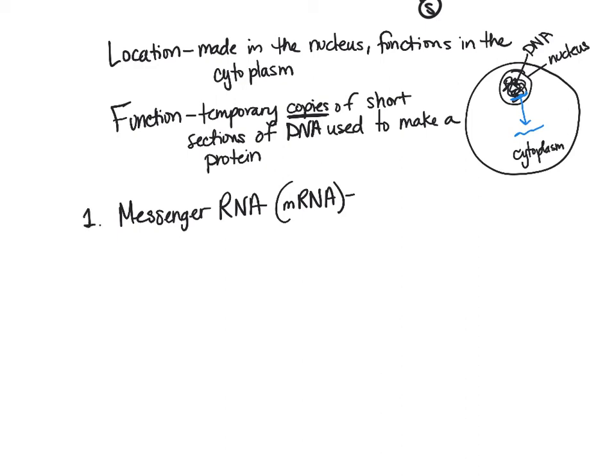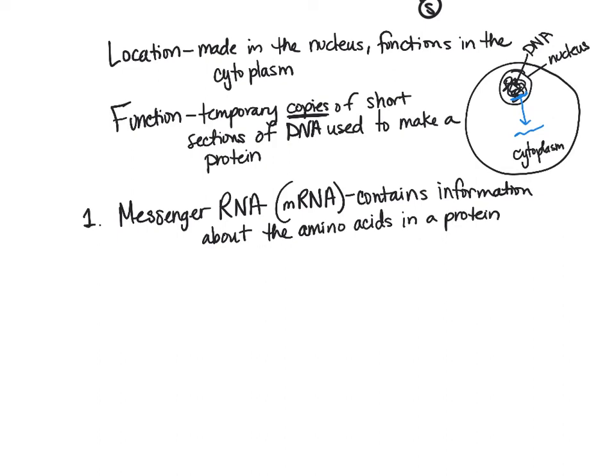Now messenger RNA, or mRNA, is the one that's going to contain the information about the amino acids in the protein.